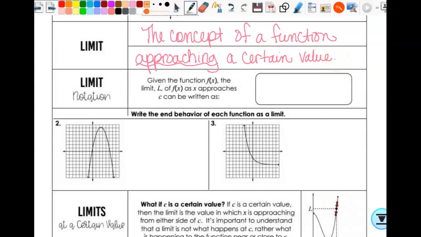So we don't care if we actually even get there. It's about approaching that value. Just even with infinity, am I ever going to actually get to infinity? No, but I'm approaching infinity, right?